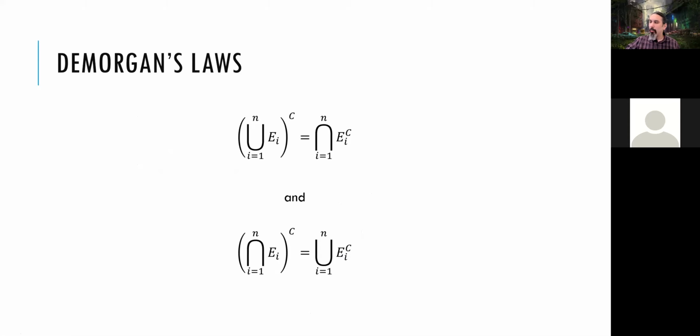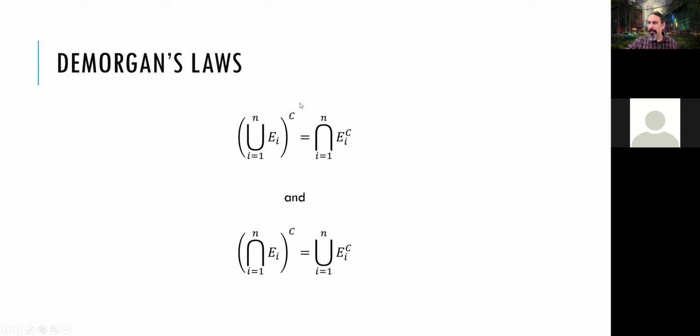We say that when we have different events, Ei, from 1 to n, and we are trying to union them, and then get the complement of that union, instead of doing that, you can take the complement of all the events and just intersect them. So this complement is actually being sent into the parentheses and changing everything, changing the operation from union to intersection, changing the event from normal to complementary sets.